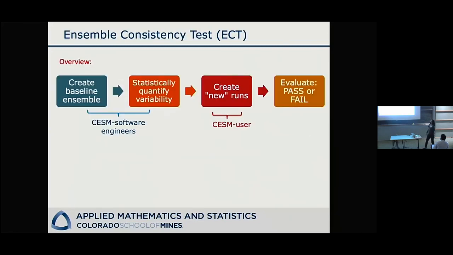I'm giving you an overview here before I go into the details. This testing framework is called Ensemble Consistency Testing. It has been part of the standard CESM releases for the last 2 years or so, so you might already have used it. The idea is that all the heavy lifting happens at NCAR, so creating the large ensemble and statistically quantifying that variability happens on the software engineering end.